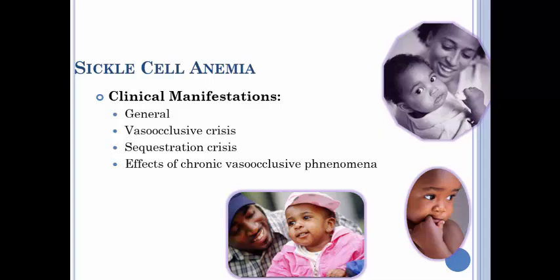The kidneys lose the ability to concentrate urine, and they can have enuresis and progressive renal failure. The liver can have hepatomegaly and cirrhosis. The spleen, splenomegaly and susceptibility to infection. The eyes, blindness from the occlusions. Extremities, they can develop avascular necrosis of hips and shoulders, and they can also have strokes and seizures.